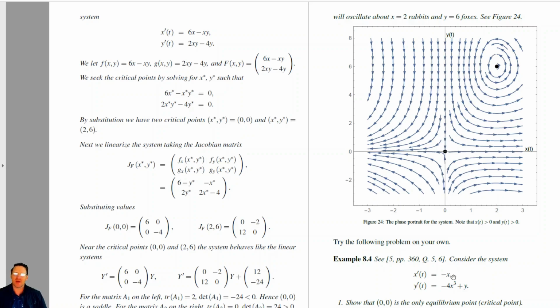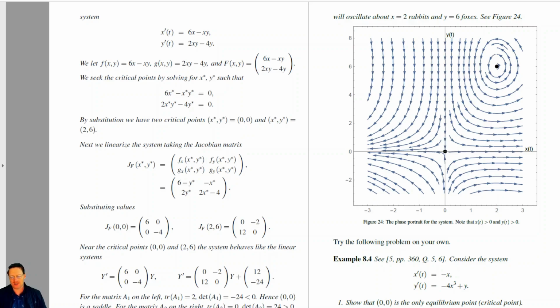So we must have x star equal to 0. All right, now if you back substitute x star equals 0 into the second equation, you get minus 4x star cubed is 0. And so you must have y star equal to 0. So the only critical point is 0, 0.